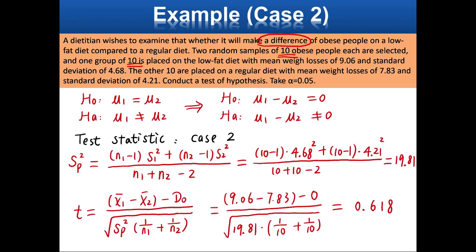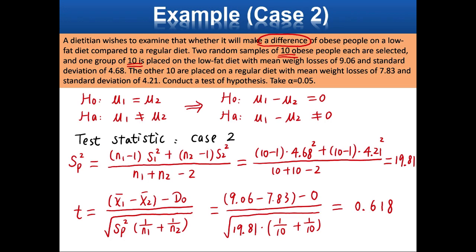So it will be a t-score. And D0, again, is the hypothesis value in H0 and HA, so it will be 0. And the result, after you calculate using your calculator, the test statistic is 0.618. And we will also use two methods to make a decision.